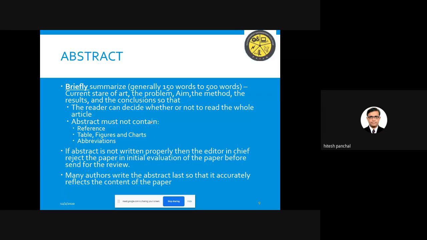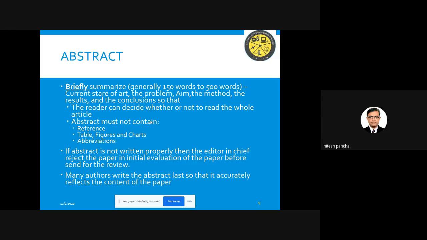Now, in abstract writing, I have written that the abstract is a brief summary, and the words for the abstract are generally from 150 to 500 words. If you see some journals, for example Elsevier, they have 500 words. Some Taylor and Francis journals have 150 to 200 words. It depends on the journal, but generally the abstract word count is between 150 and 500 words.